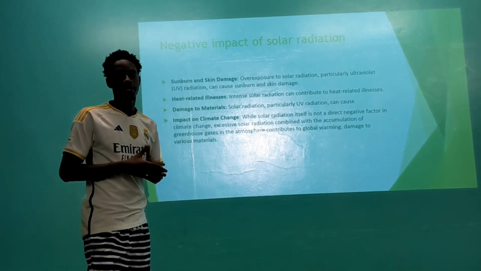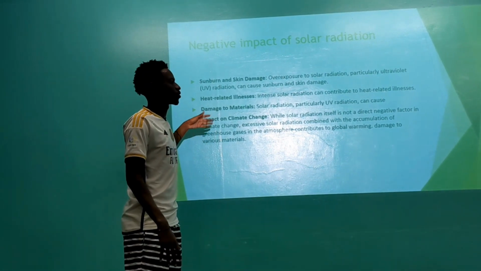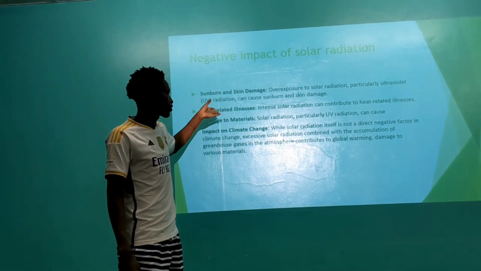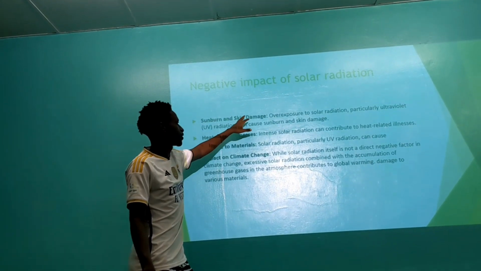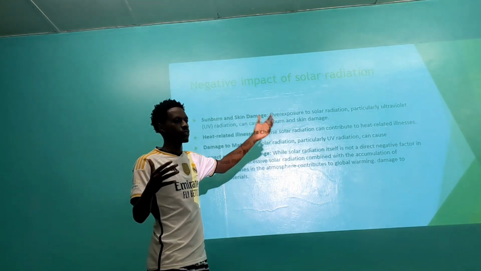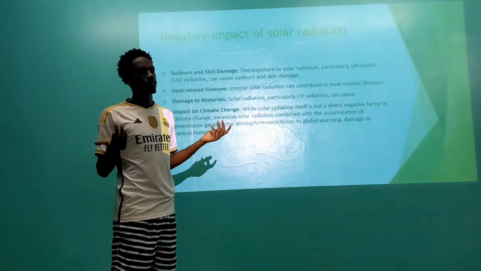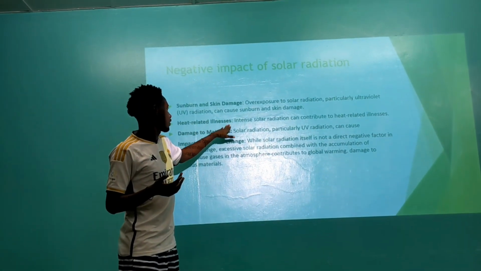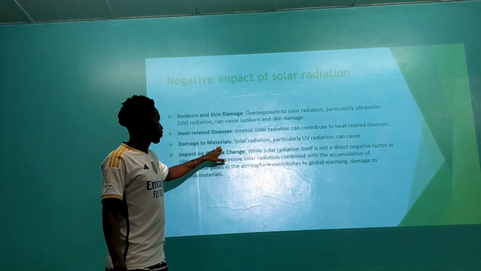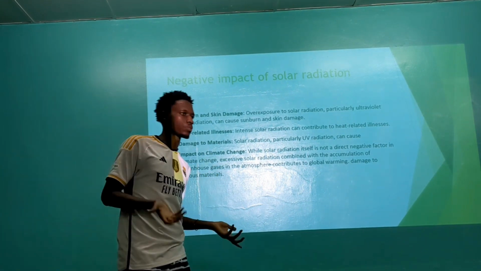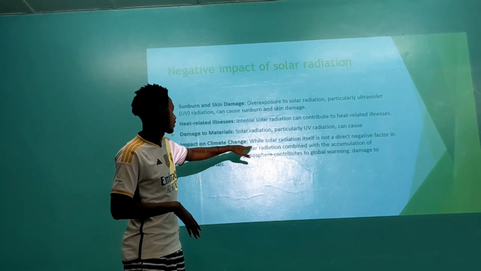Next slide. Negative impact of solar radiation. Even though there are positive impacts or importance of solar radiation, there are also negative impacts, such as sunburn and skin damage. Overexposure of an individual to the sun can lead to sunburn or skin damage, heat-related illnesses, cancer, damage to different materials when they are exposed to the sun, and impact on climate change.